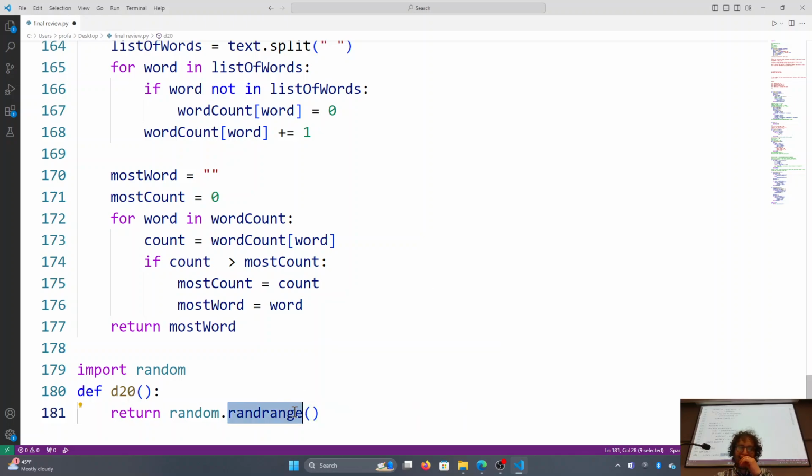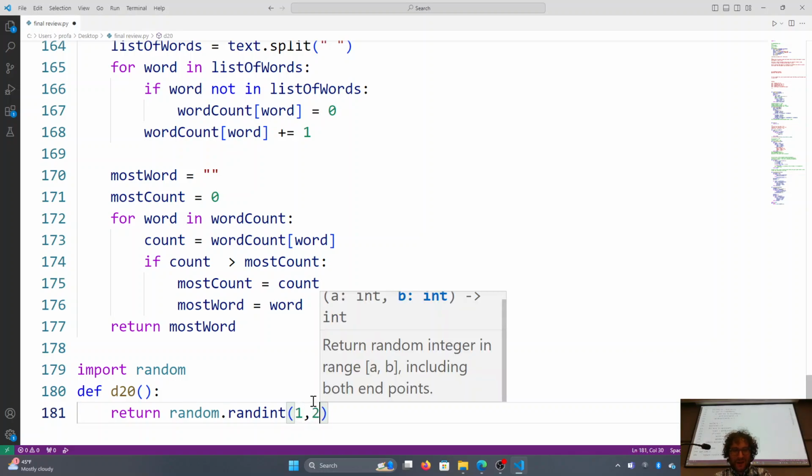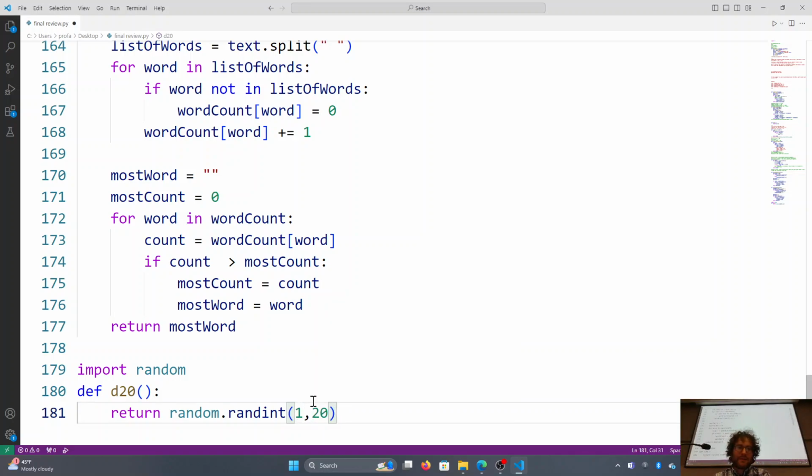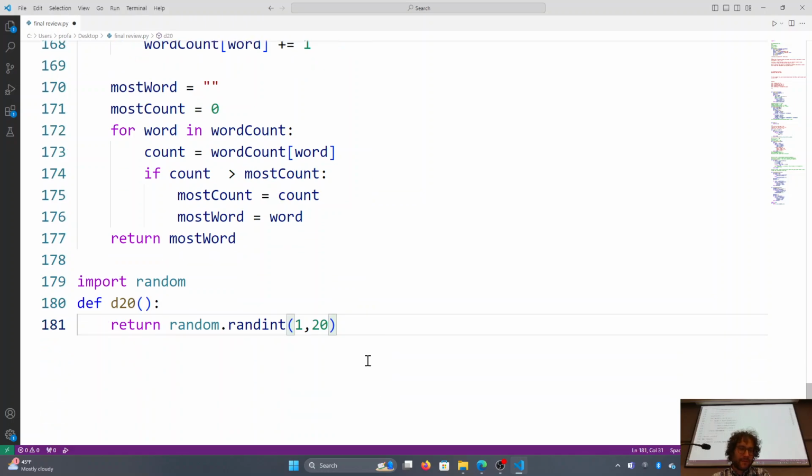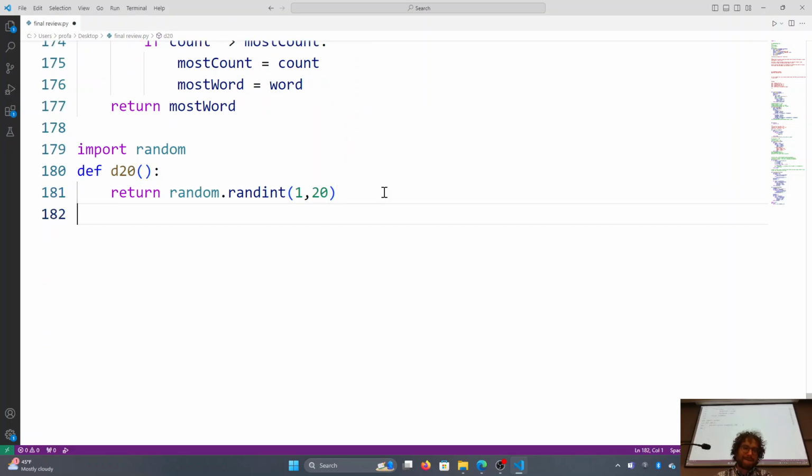Oh, nope, randint includes the endpoint. That's what we want. Randint, not randrange. Randint includes the range. Read your documentation. Randint 1 to 20. There we go. We want to make sure that it's inclusive, that includes the 20.